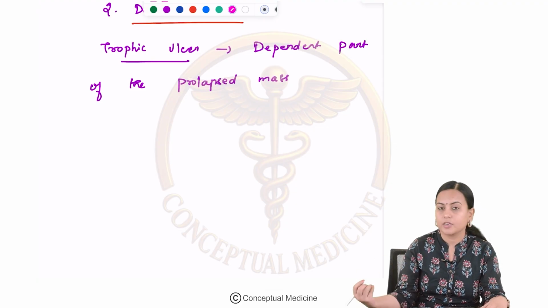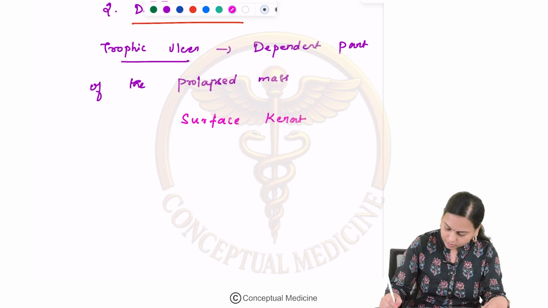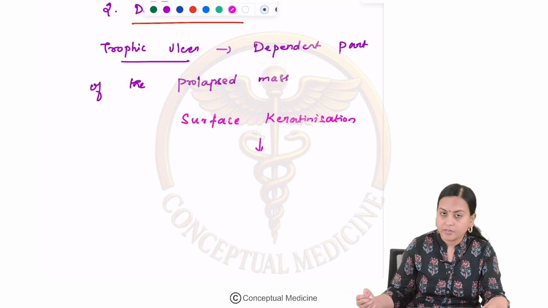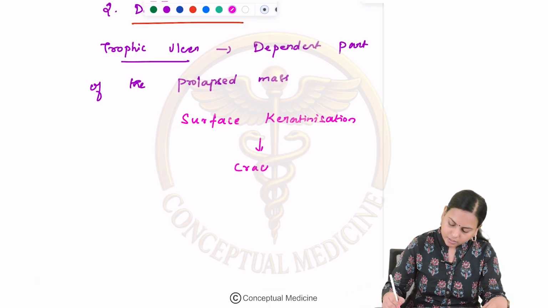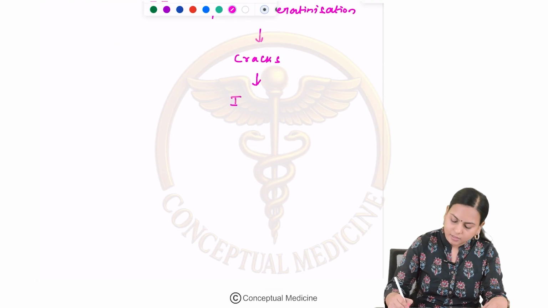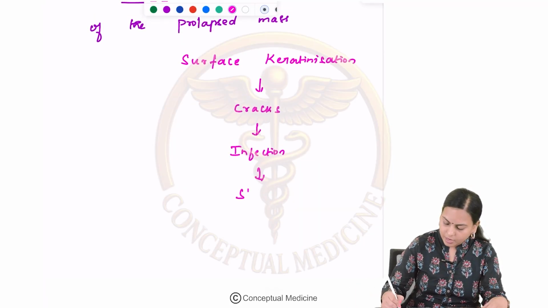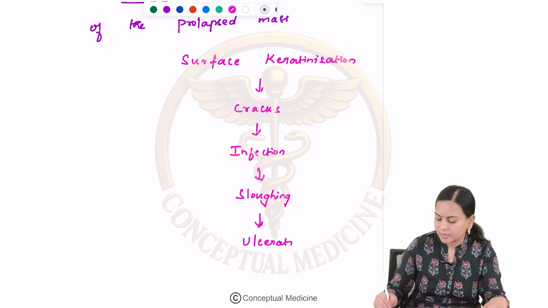So how does this decubitus ulcer happen? See, there is surface keratinization. This will result in cracks, and through these cracks there can be ascending of infectious organisms that will cause infection, and at a point this ulcer will slough off and that will lead to ulceration.